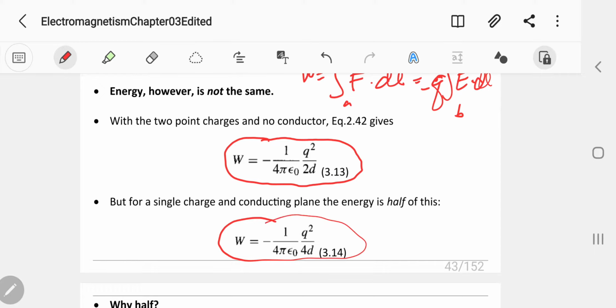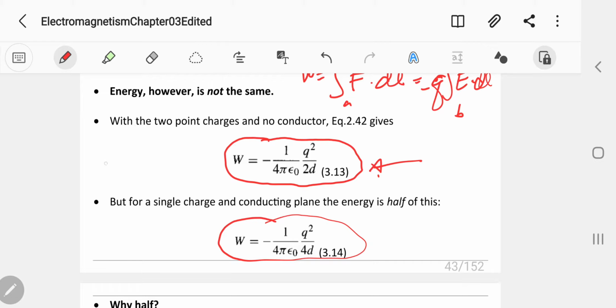But when you just look at the two charges, you actually will get this one here. You actually would have to get that when you consider the two charges.